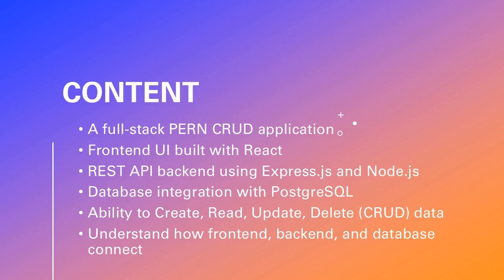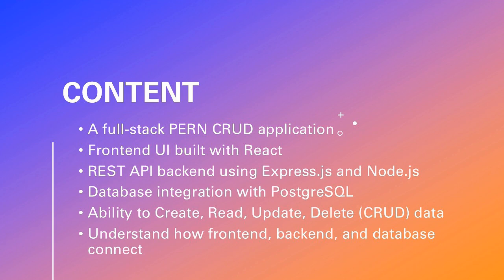Hi everyone. In this tutorial series, I am going to create a full stack CRUD application using the PERN Stack. P stands for PostgreSQL, E for Express, R for React, and N for Node.js.